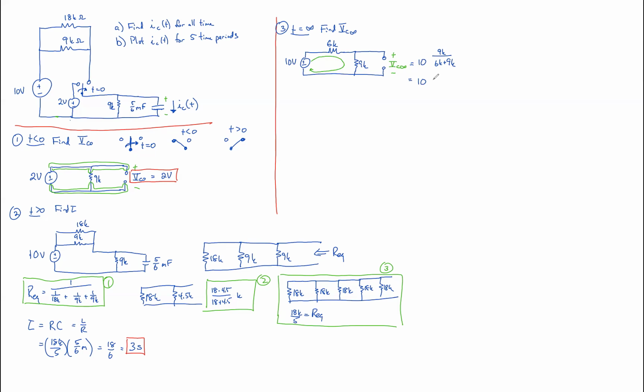So the K's cancel and we get 9 over 15. And let's see, we can divide through this by 5. So we get 2 times 9 over 3. And then we can say that's equal to 18 over 3 or 6 volts.